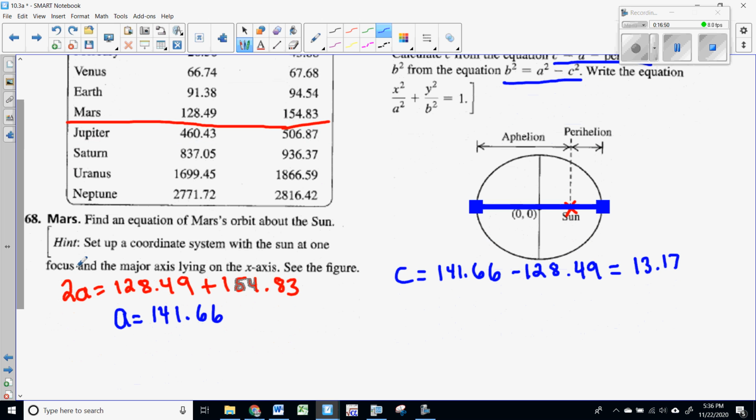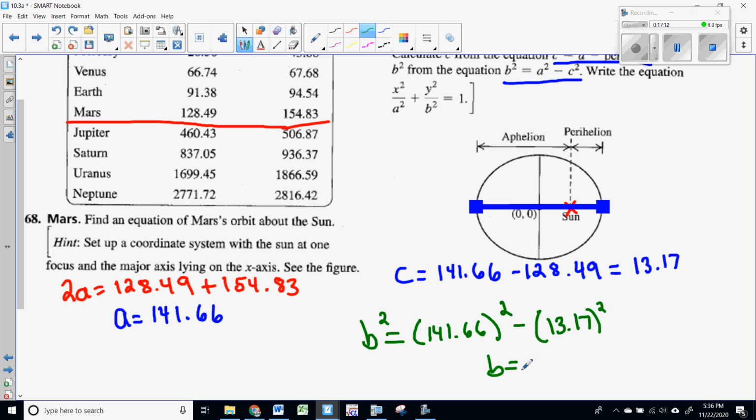And then finally, to find my B, I know b² is equal to a² − c², and they're just giving us these formulas here. And if I do that, I get my B to be 141.05.